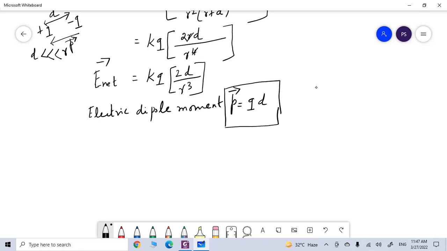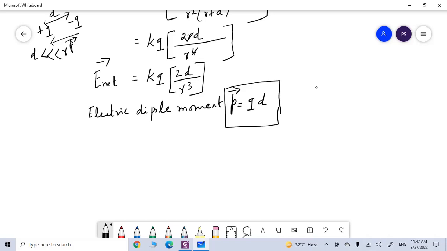Now it is a vector. Why it is a vector is that the orientation of a dipole is also important when it comes to calculating the electric field. We have here calculated the net electric field along the axis. In the next video, I'll show you how to calculate the net electric field at an arbitrary point P lying on the equatorial line. There the electric field will change. So orientation becomes important.